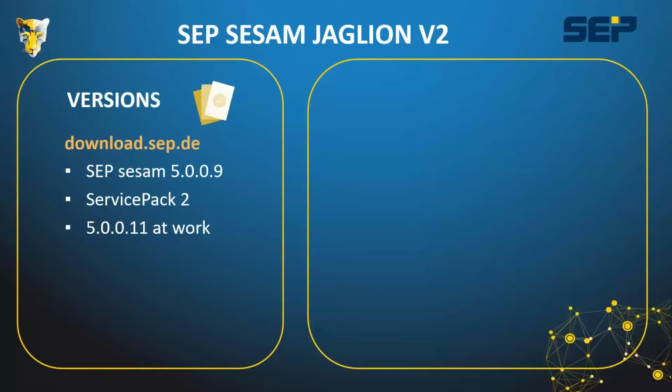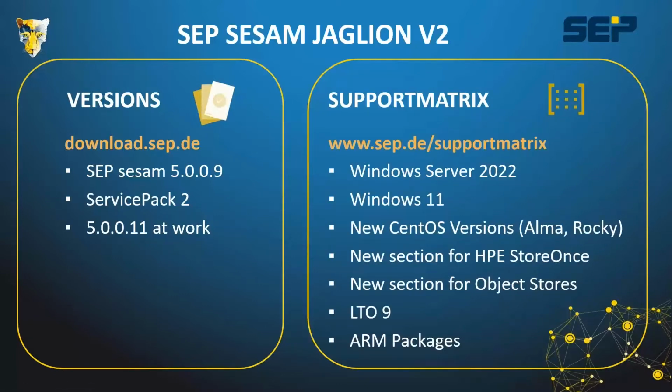That's important. Then there are some changes in the support matrix. We have added Windows Server 2022. We have added Windows 11. Also, the new CentOS versions. You might know that they have kind of renamed their versioning structure, and there are new CentOS versions, Alma and Rocky, and they are all now mentioned in our support matrix.